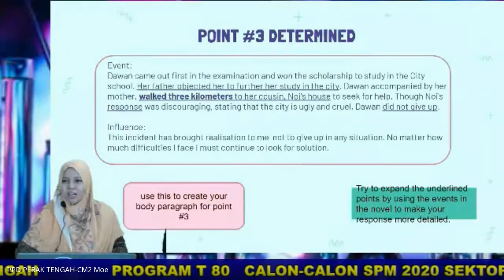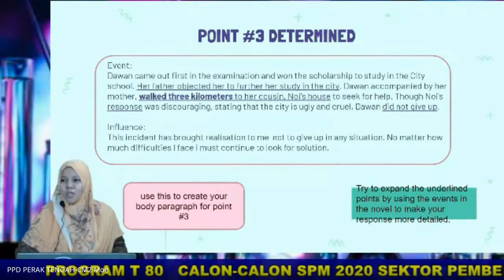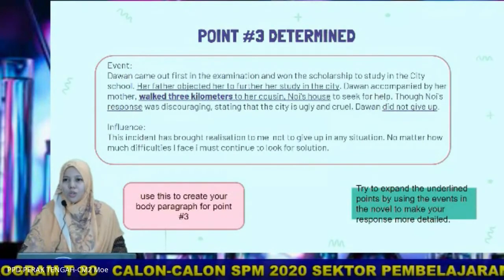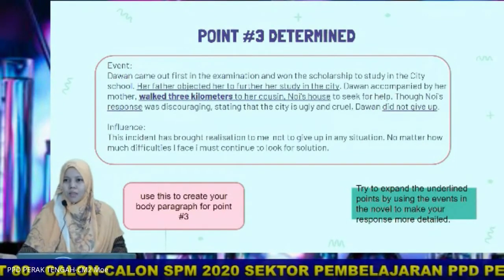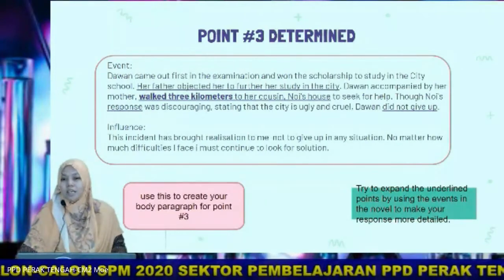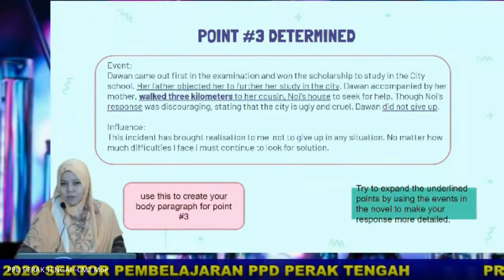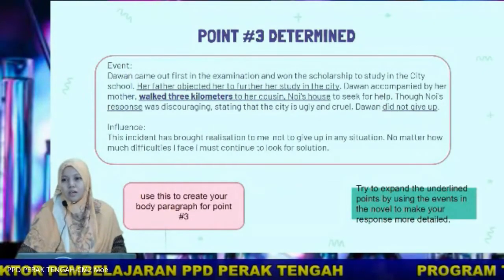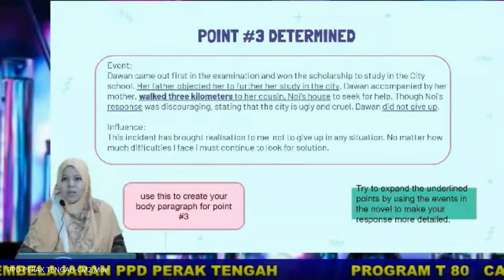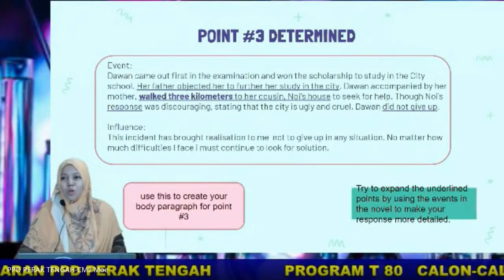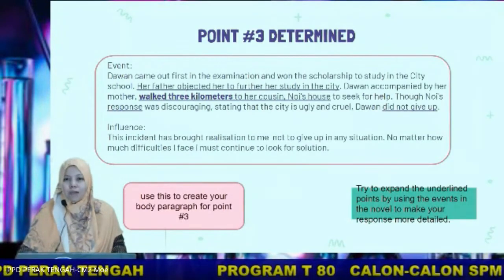It looks like everyone knows the story very well. So Dawan did not give up. I can conclude that she wants to see the city herself. And to show her determination, she planned to go to see the head monk.